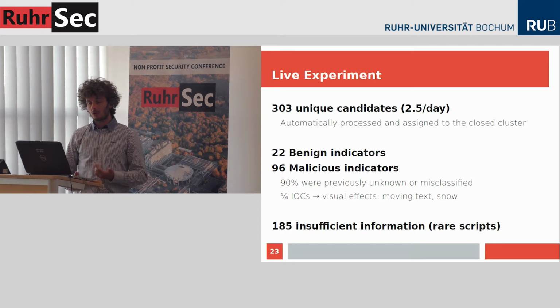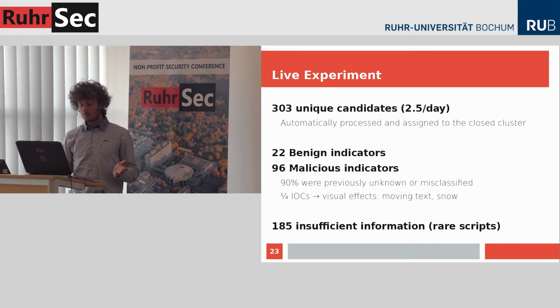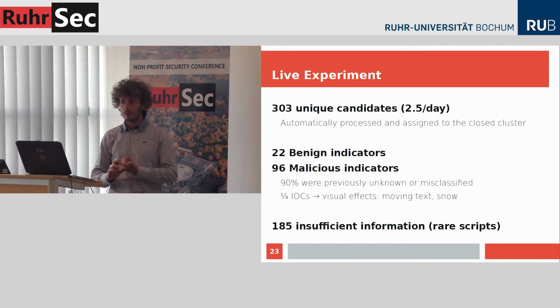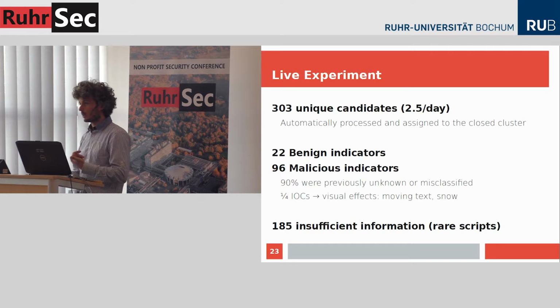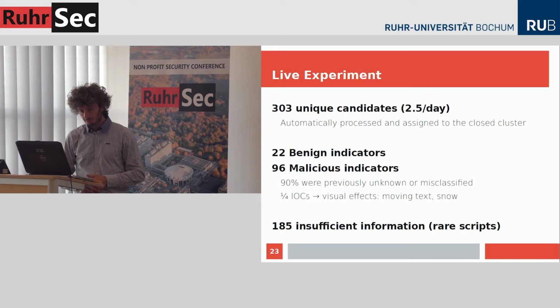It turned out that 22 were benign, and roughly 100 of them were actually malicious. And interestingly enough, 90% of them were previously completely unknown by traditional AV, so if I query VirusTotal, nobody knows about them, or they were misclassified as benign.